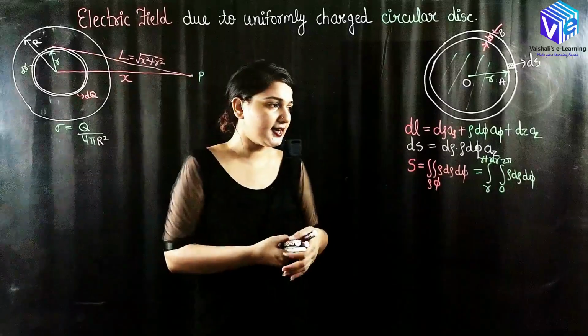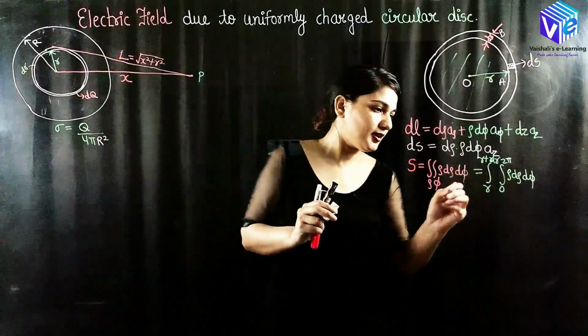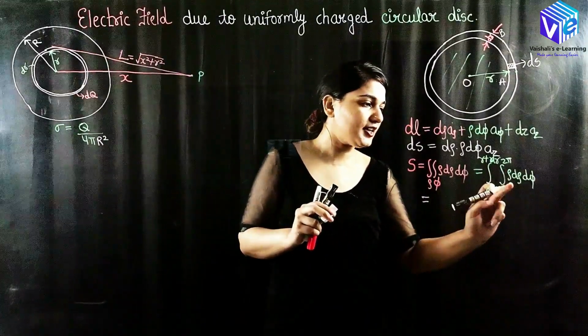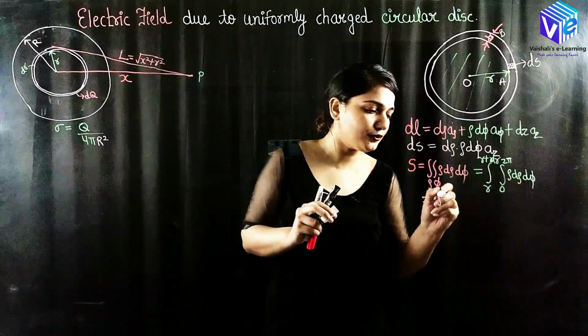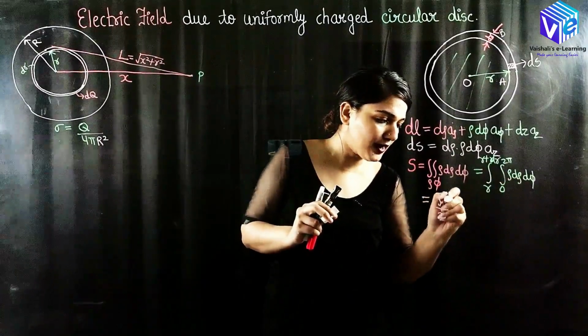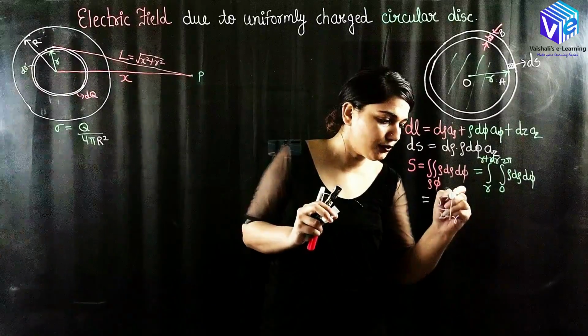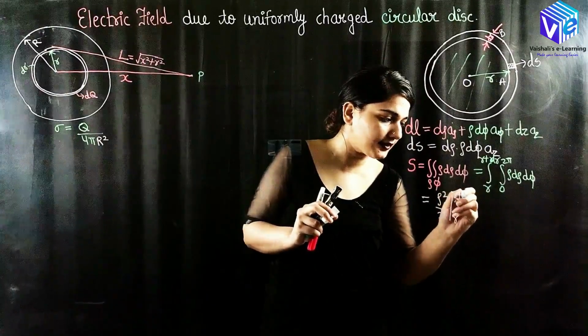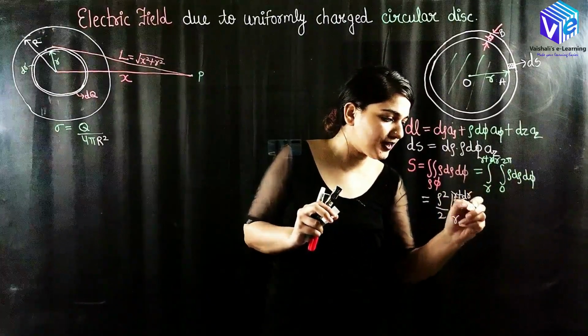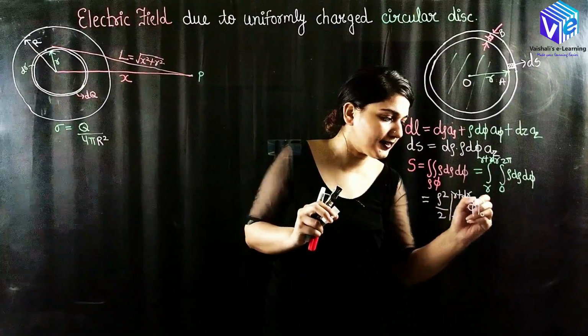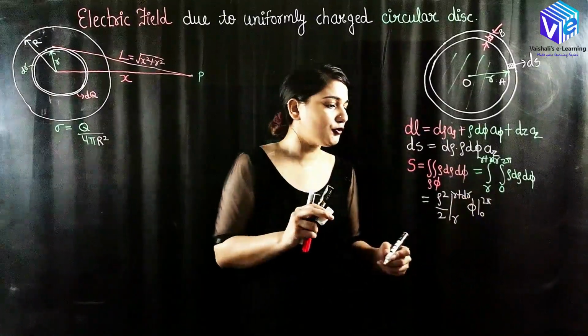Now I can integrate them. The integration of rho d rho will be rho square upon 2, with limits from r to r plus dr, and the integration of d phi will be phi, with limits from 0 to 2 pi.